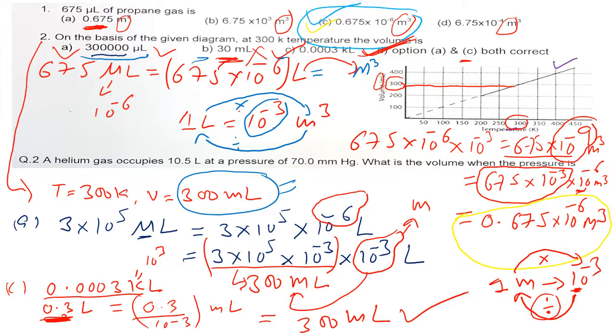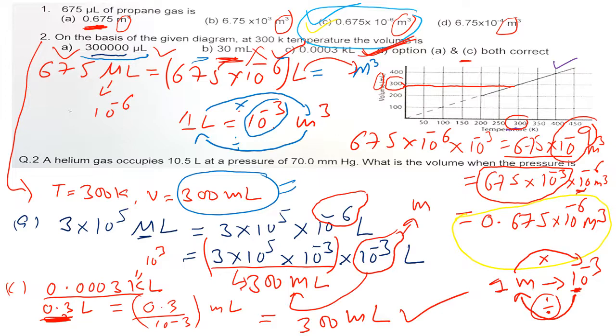So I am having a number here, and I want to change this number to milliliter. So what I will do, I will divide like this, because I am changing from number to milli, so I will divide this number.